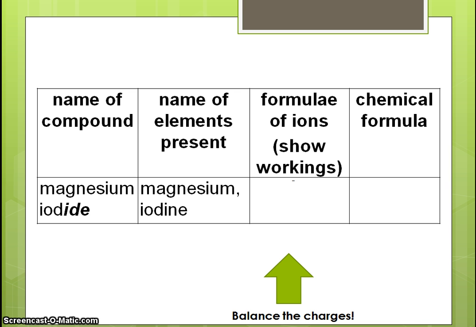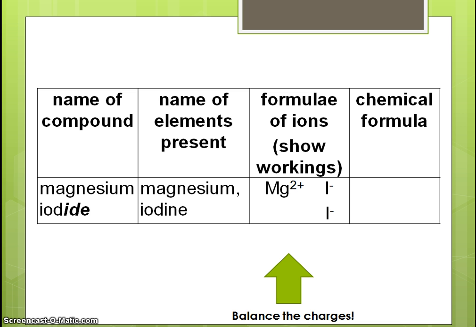Next, we write down the formula of the ions that are present. They are your magnesium ion and your iodide ion, Mg2+ and I-. At this point, we need to balance the charges.